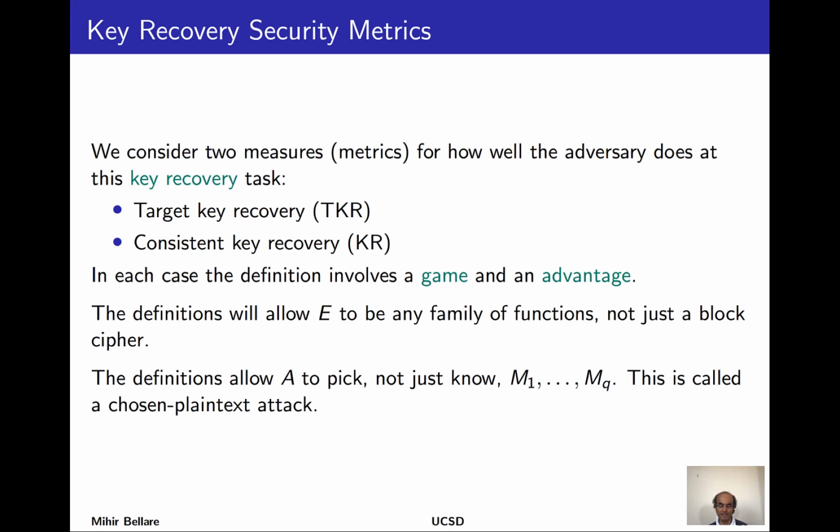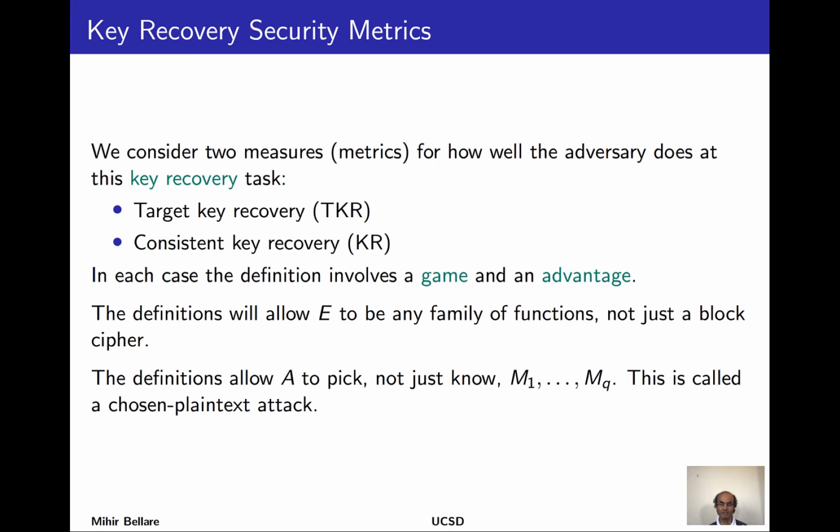The game is effectively an environment which functions as what the adversary is attacking and determines how and when the adversary is successful. Now, it turns out that this will allow us to define target key recovery and consistent key recovery security for any family of functions, not just a block cipher.